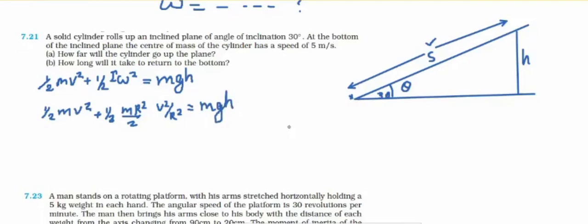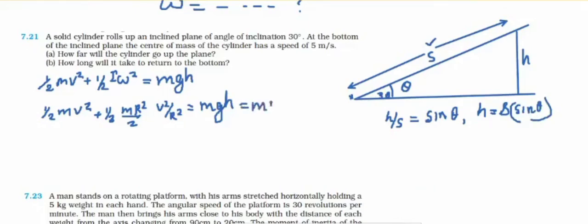Again, h we have to see from the diagram. So we have h by s is equal to sine theta, or h is equal to s sine theta. Therefore, this is equal to mg into s sine theta.